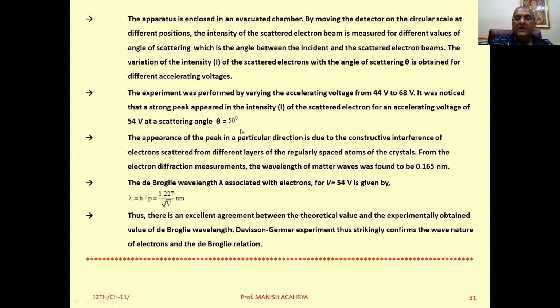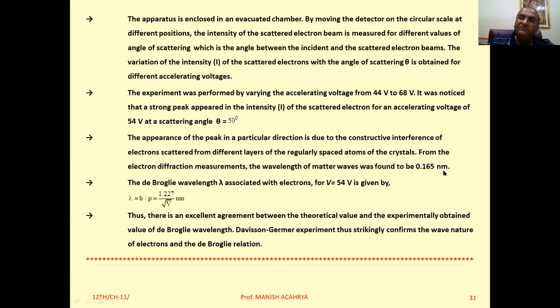Clear? Now see, from the electron diffraction measurement, the wavelength measured for that diffracted beam was of the order of 0.165 nanometer.